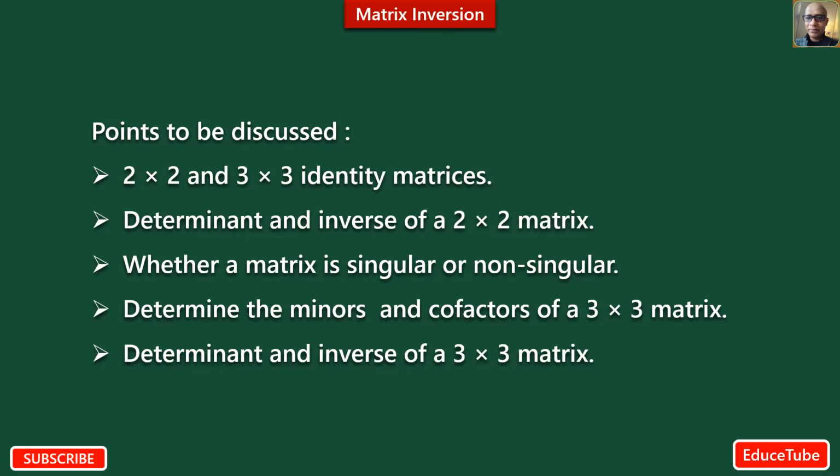Then I shall move forward to show how to determine the minors and cofactors of a 3 by 3 matrix. And using these cofactors, I shall find the determinant and inverse of a 3 by 3 matrix.